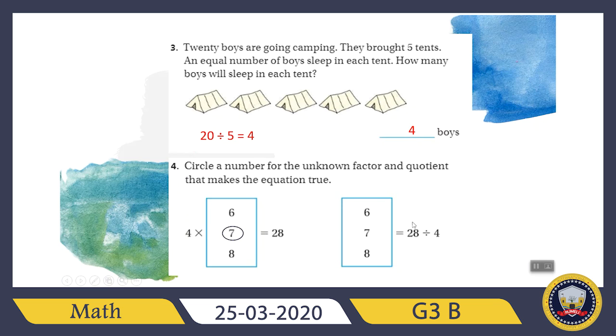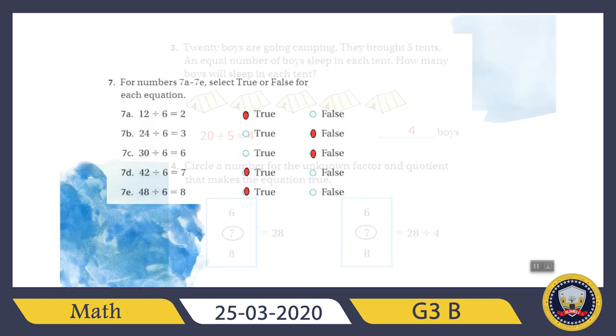And how about this one? 28 divided by 4 equals what number? Well, the answer is the same. The answer is 7. 28 divided by 4 equals 7. So 4 multiplied by 7 is also equal to 28.